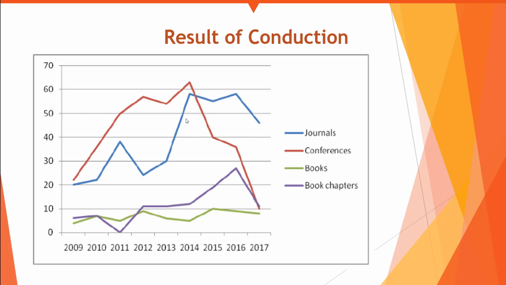And for the others, the conference and the book chapter, they start from about 20 and 5% respectively, and all of them stop at just about 10%.